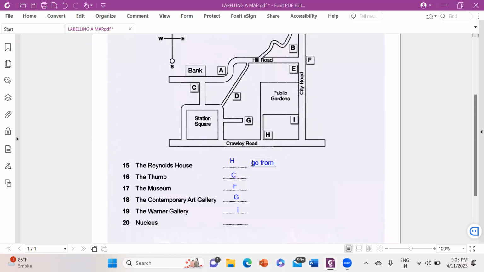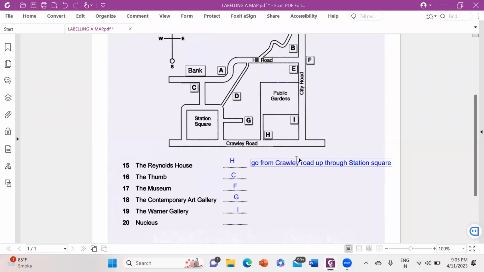Go from Crawley Road up through. What do you mean by up through? Up through Station Square.